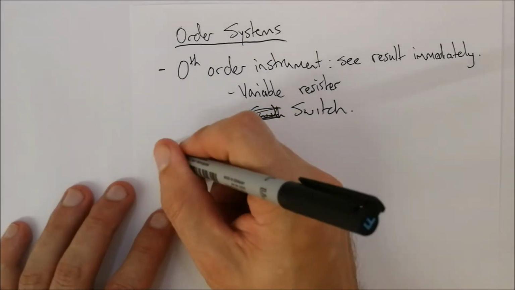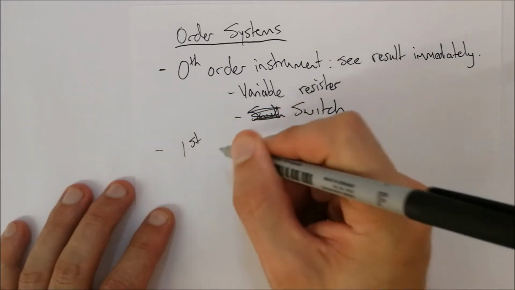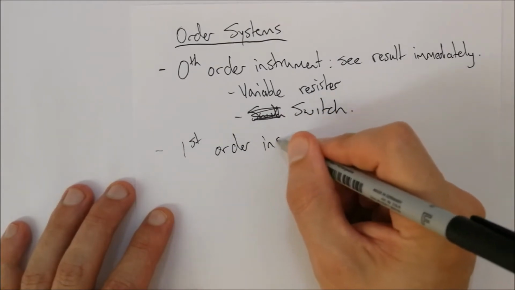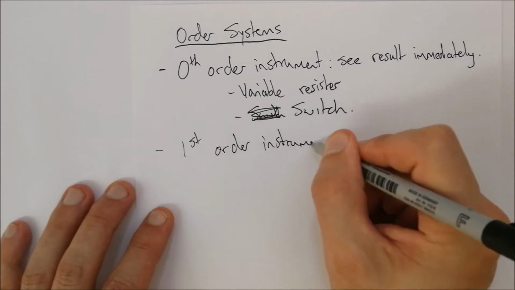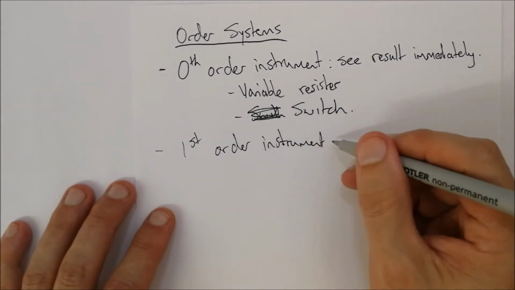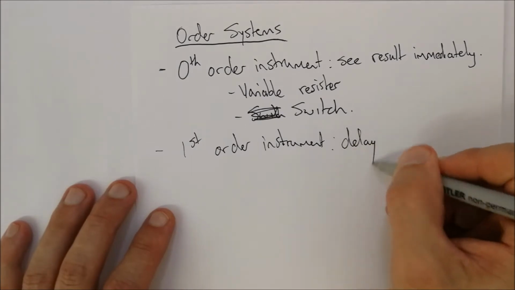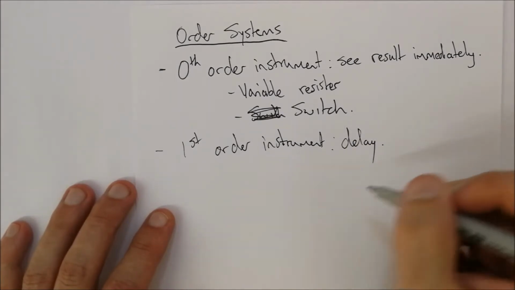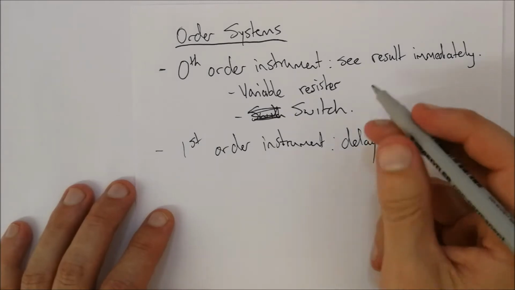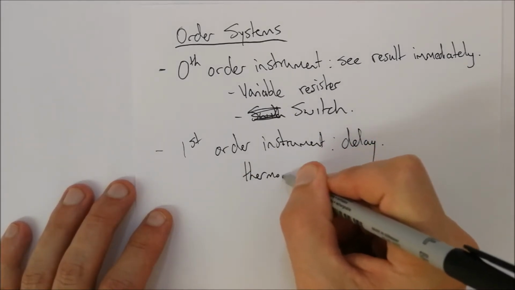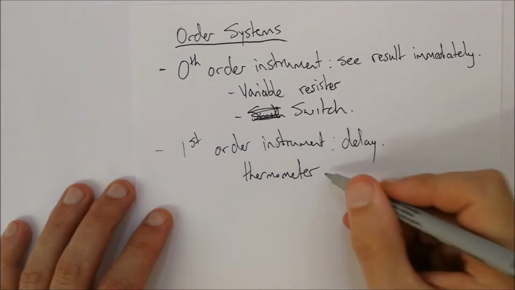Then there's what's known as a first order system or instrument. There is usually some delay time that might be happening, and a typical example would be a thermometer.